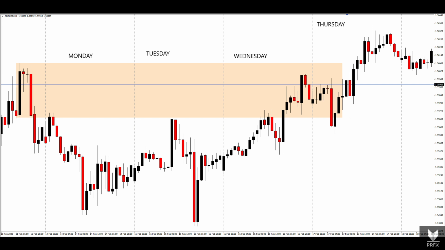What do you think happens when I'm looking to be a buyer on this day, Wednesday, right here? There would be some form of conflict as a result of this order block right there. I would be in a state of conflict.